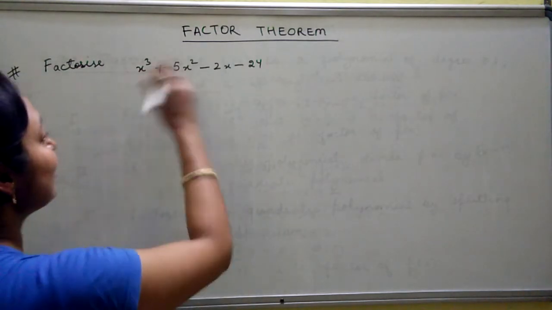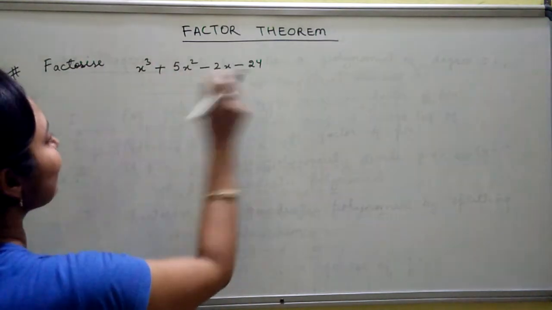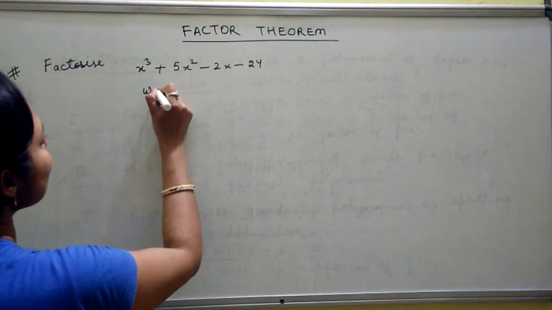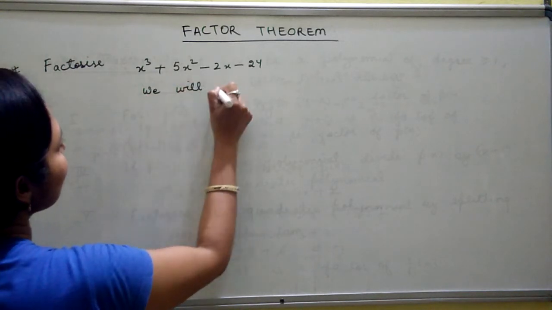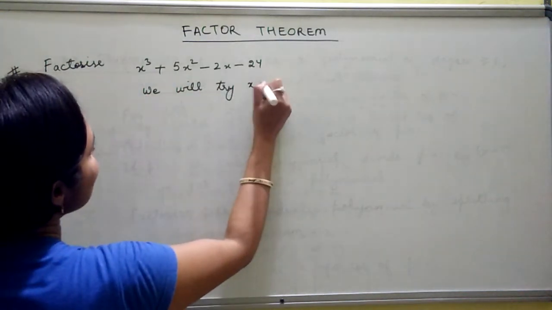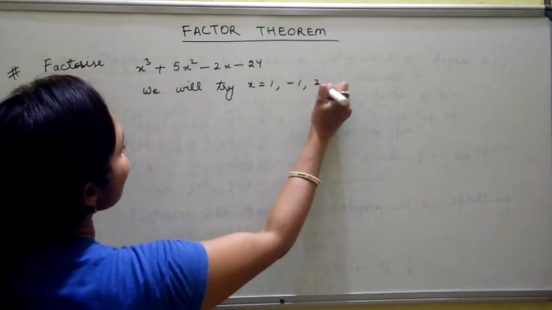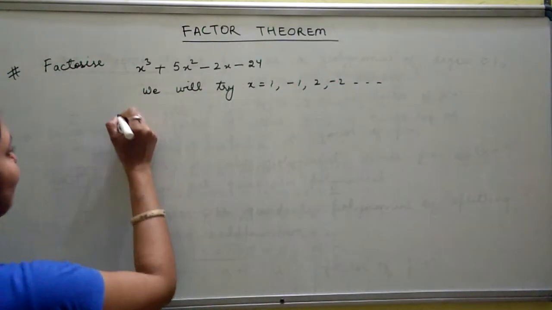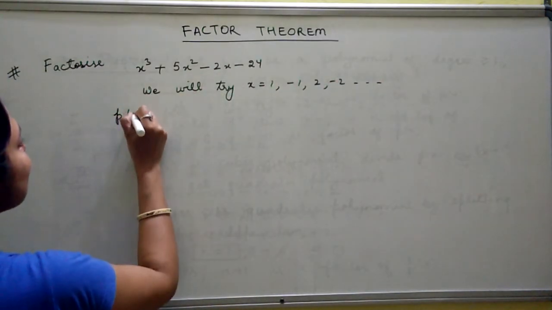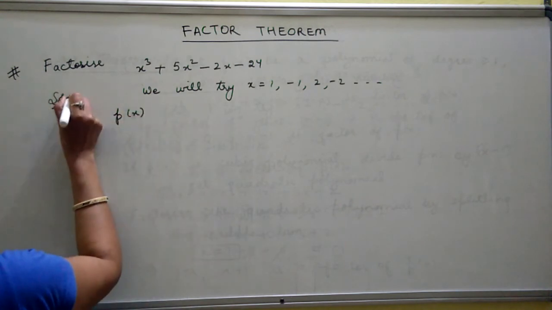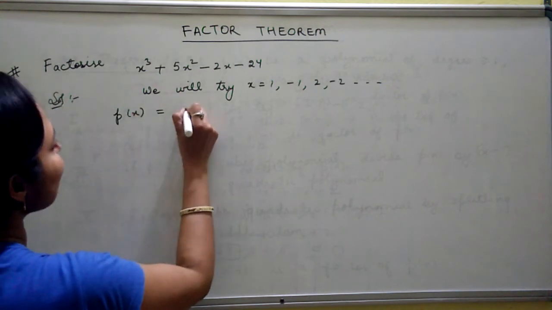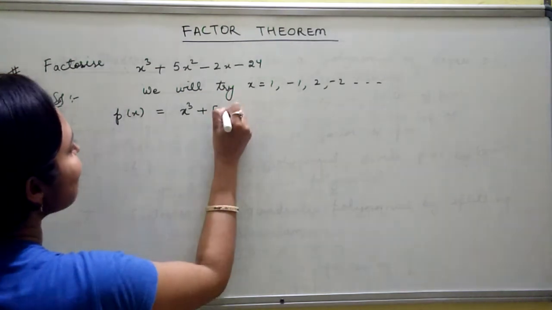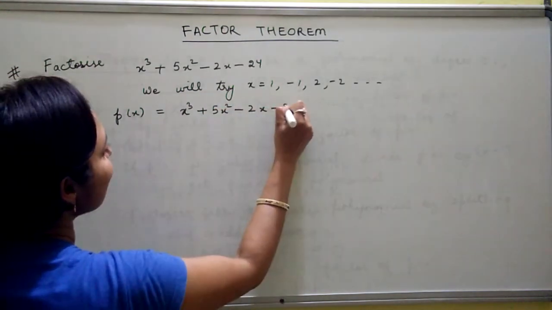Very easy question. The factors of 24 are 1, 2 and so on. So we will try x equals 1, minus 1, 2, minus 2, and so on. First of all, p(x) is given as x cube plus 5x square minus 2x minus 24. This is the solution.